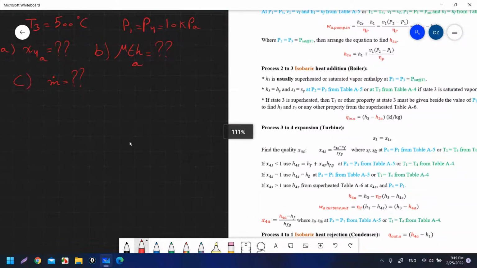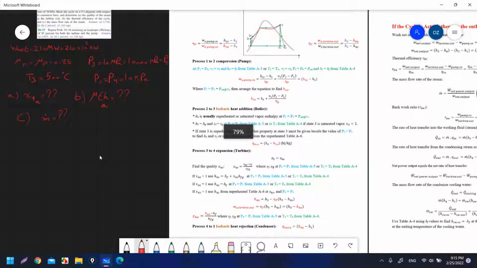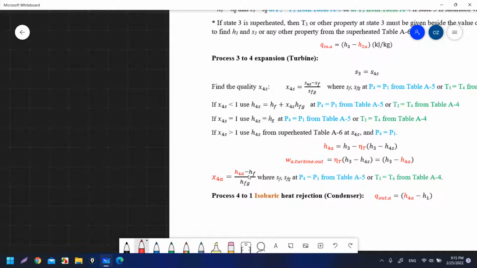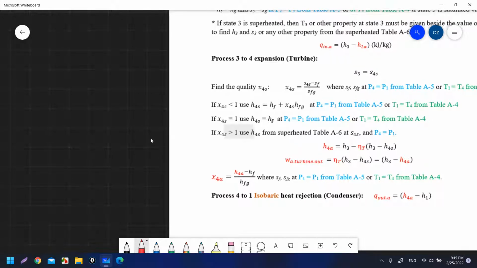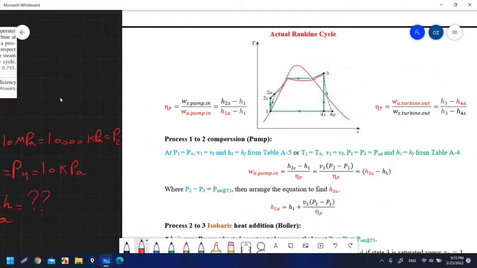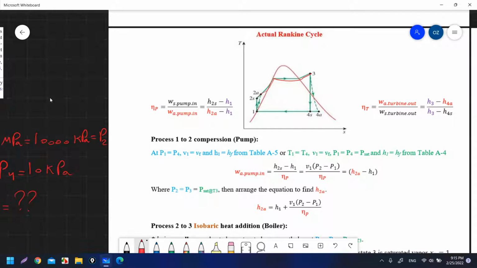So how can we find X4A? In our equation sheet we have that X4A is equal to H4A minus Hf over Hfg. Why especially H? Why not other properties? Because we have the equations for the isentropic efficiency, which is like this.